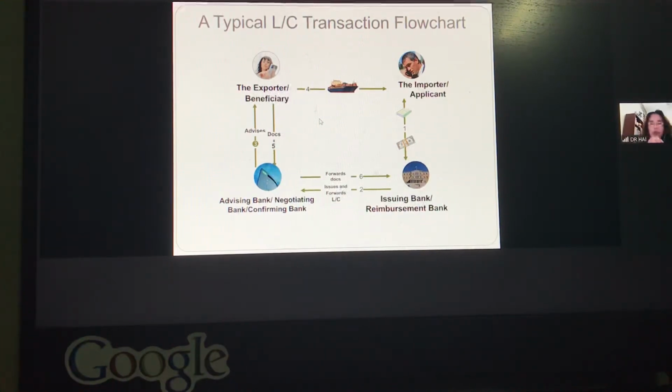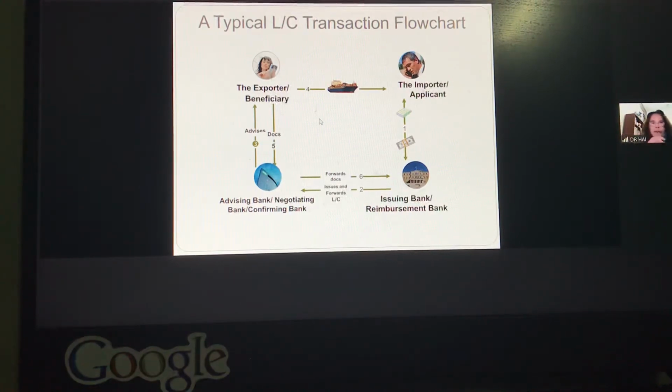Okay, so now suppose that you were the exporter, the beneficiary. What is your task after you sign a sales contract, after you receive the LC? Explain to us.